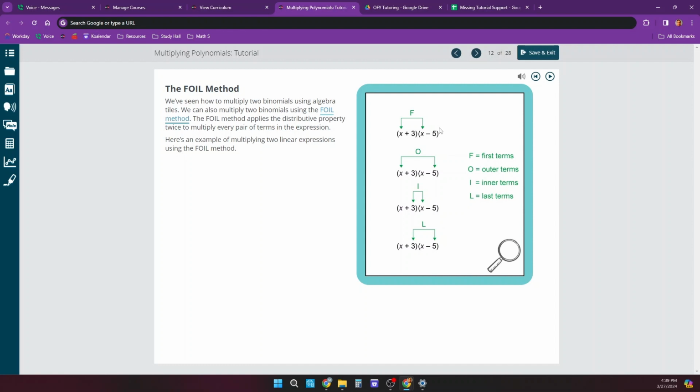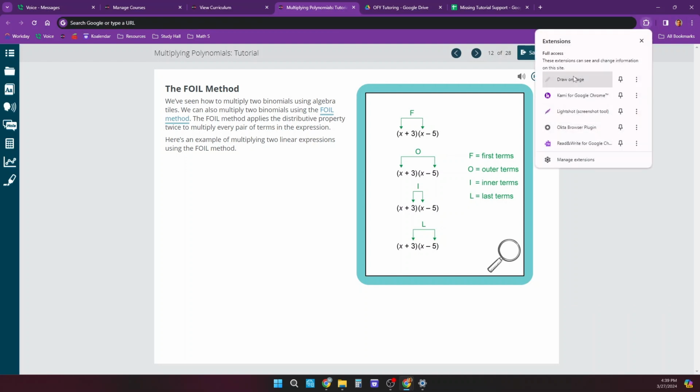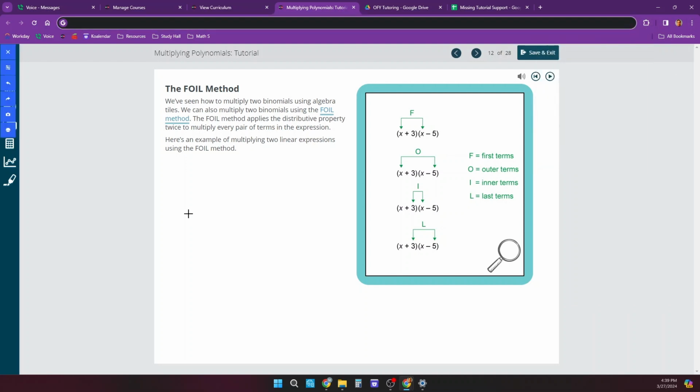So to break down the example given, we have x plus 3 times x minus 5. Using the FOIL method, we multiply our first terms in each binomial.